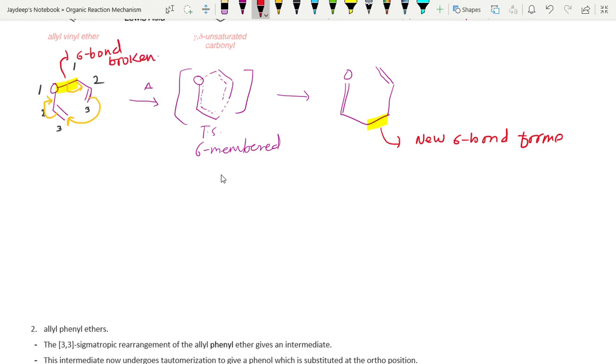Now this carbonyl is a functional group. Next to the functional group is always the alpha carbon atom. This is the beta carbon atom, this is the gamma carbon atom, and this is the delta carbon atom. So the gamma and delta represent the position of the double bond. Hence the molecule is known as a gamma, delta unsaturated compound.